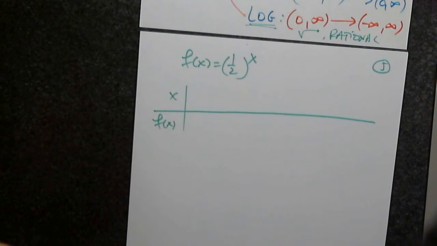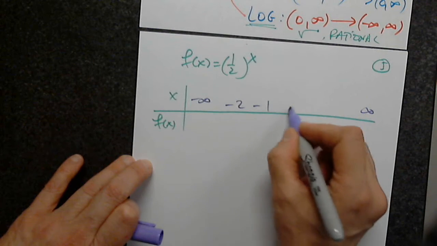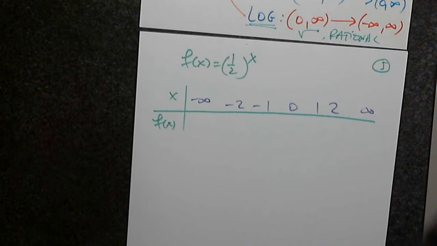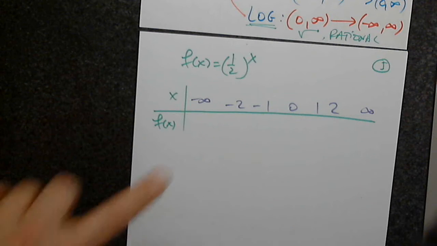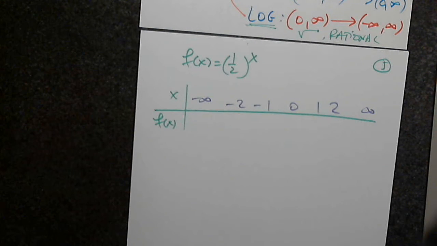Good. So one more time, what will be the domain of this exponential, or any exponential? Very good. Let's pick the same numbers. Let's plug in -2 and tell me what you get. Remember, the negative power only means a fraction. It does not mean a negative number.